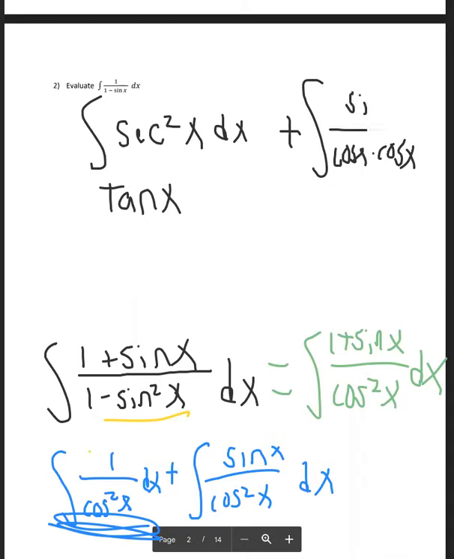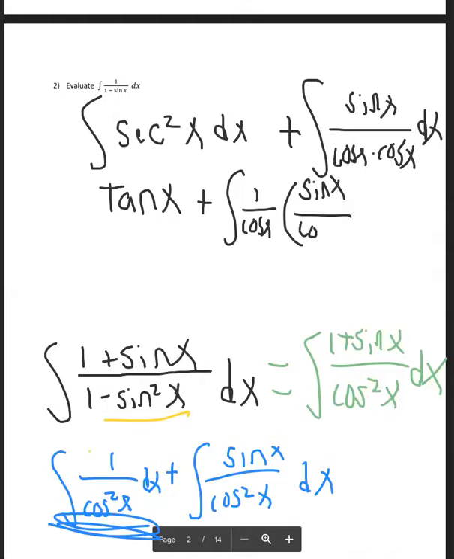So I factored it out. It's just cosine times cosine dx. And this can be rewritten as 1 over cosine of x times sine over cosine of x.